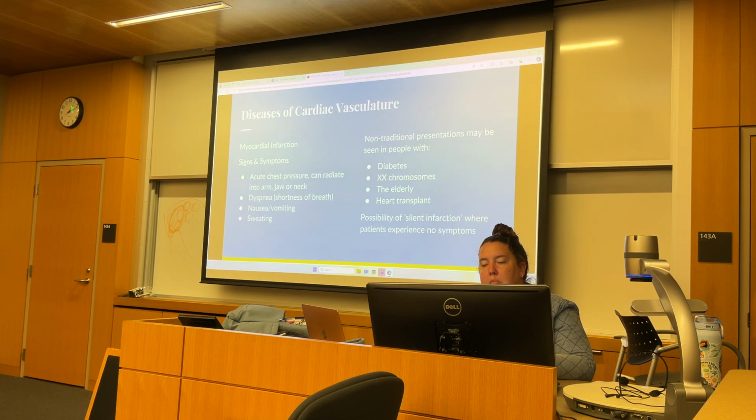The reason that people with diabetes and the elderly may not have traditional presentations of myocardial infarction is because of something called neuropathy. And neuropathy is basically a degeneration of the nerves. And that can just happen with normal aging, but it is also a consequence of diabetes. So I don't know, some of you have worked in the medical field, probably most of you.